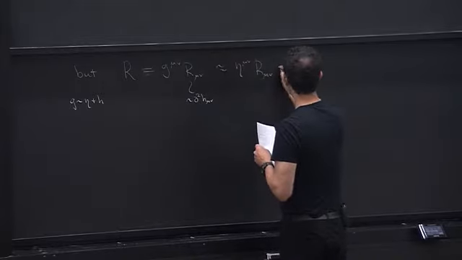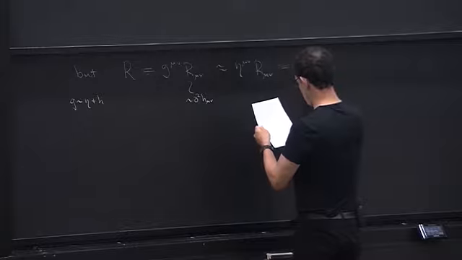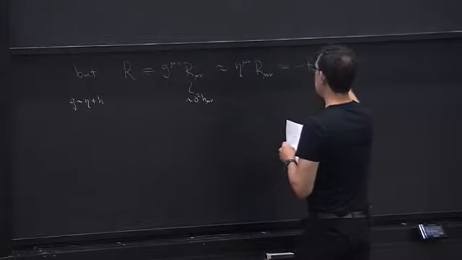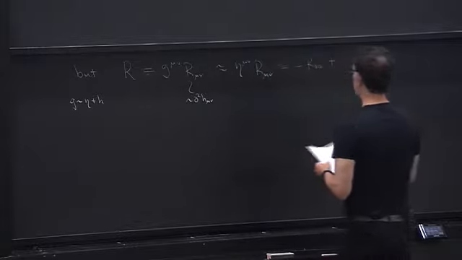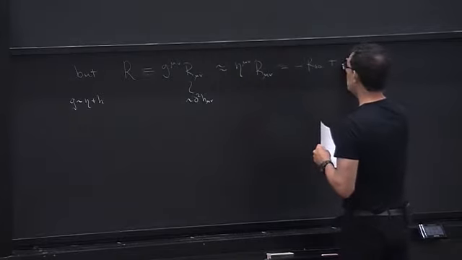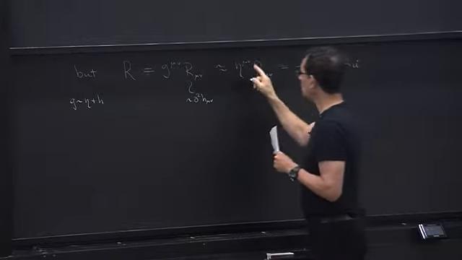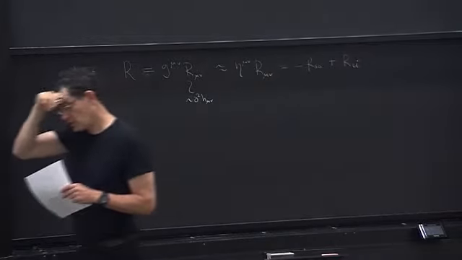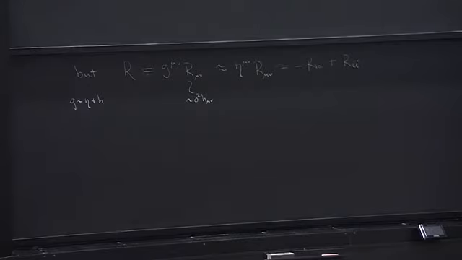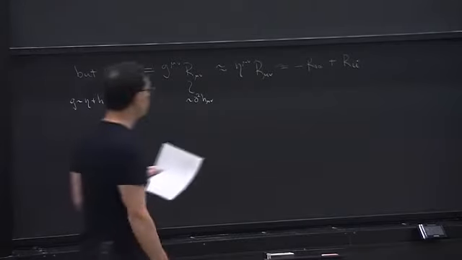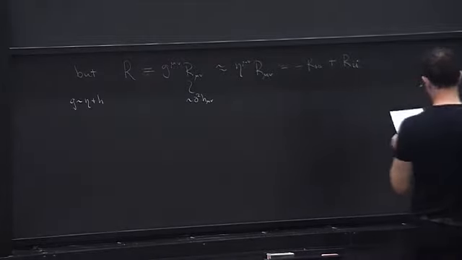And this is equal to minus R naught naught plus, and then here I have Rii, okay, because the ij components of eta are just delta ij. So I have delta ij times Rij, and that's just the Rii, the trace.